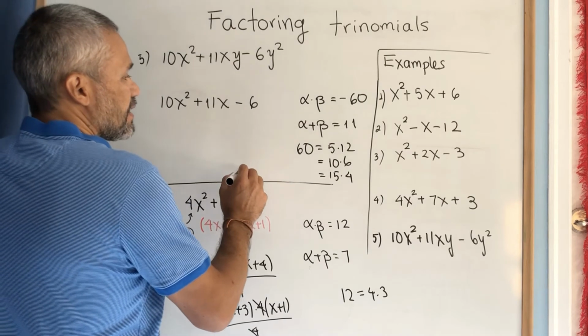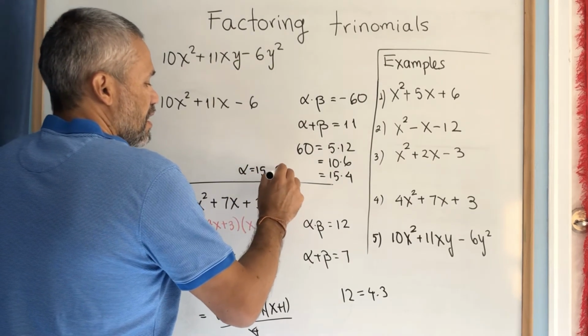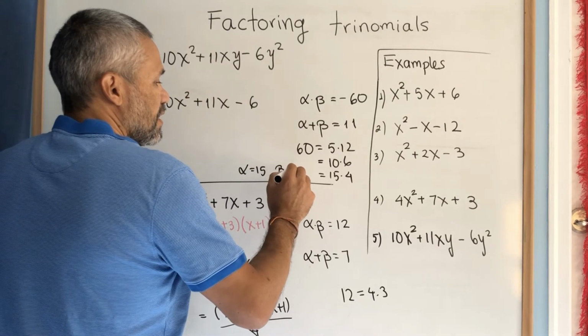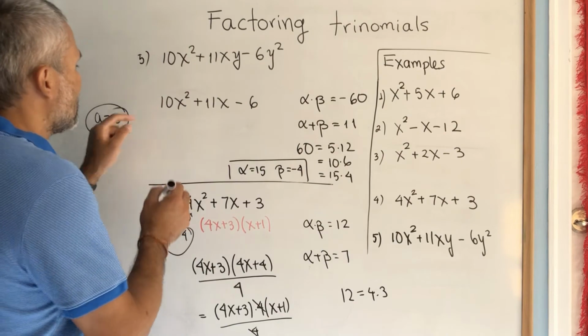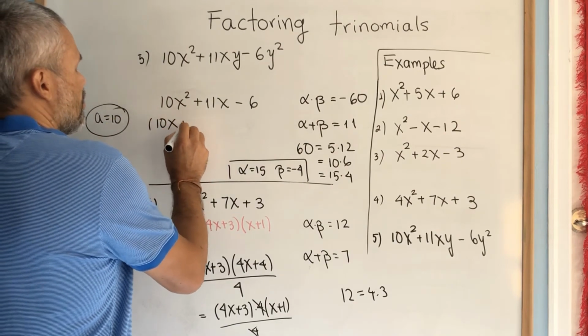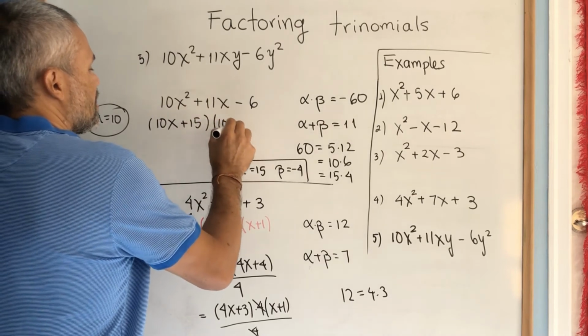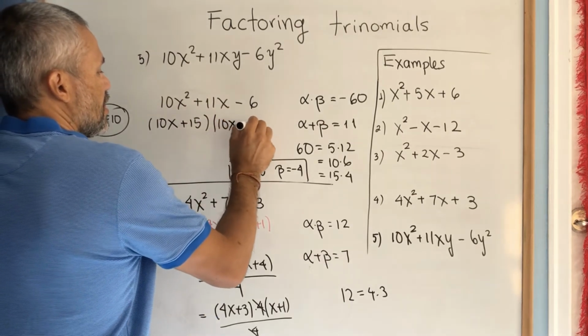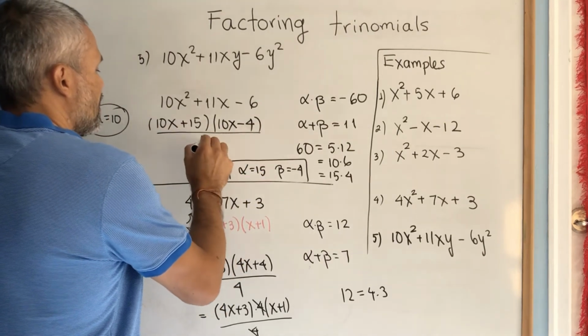Then we can take alpha to be 15 and beta to be negative 4. Then I can factor this as 10x plus 15 times 10x minus 4 divided by 10.